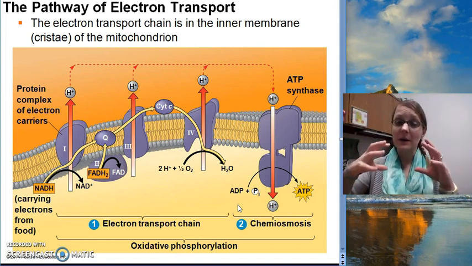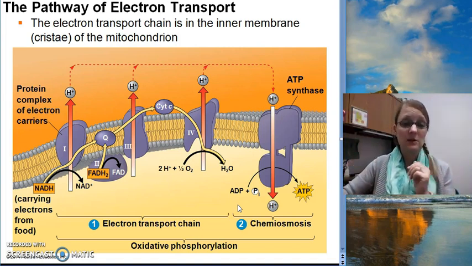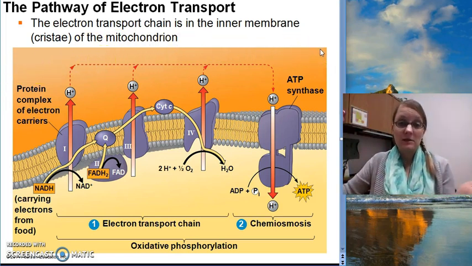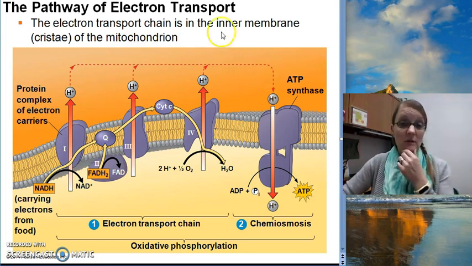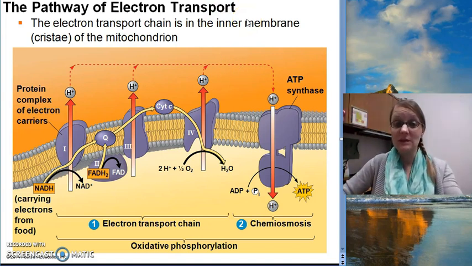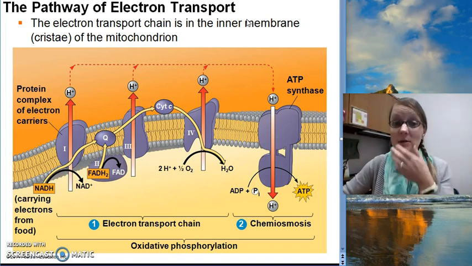Remember, the mitochondria is within the cell, right? So if we were to imagine the outer membrane of the mitochondria out here, what's not to say that the protons or the hydrogen ions wouldn't want to move across the other membrane on the other side and move into the cytosol, where, granted, the hydrogen ion concentration is also low, just like in the mitochondrial matrix here.